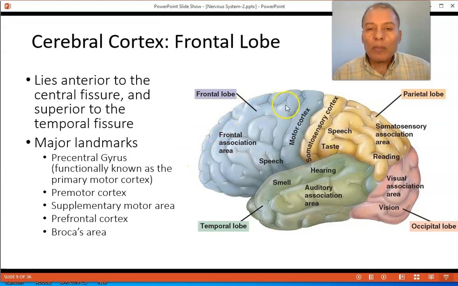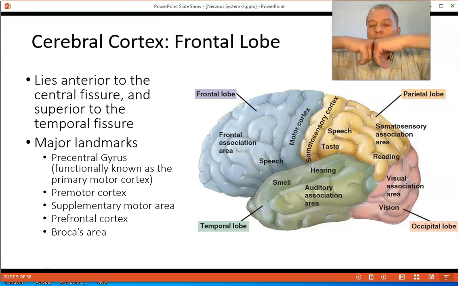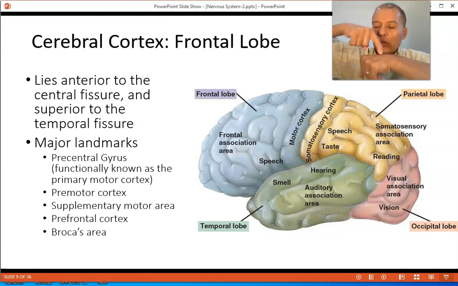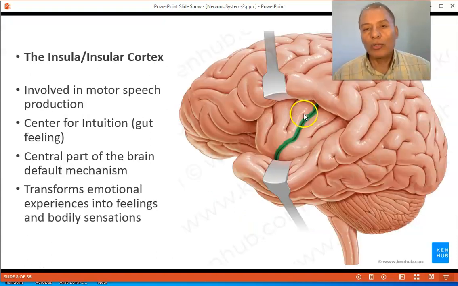Then this segment of the premotor cortex right here, and the motor cortex and the somatosensory cortex, all of them continue inside of the longitudinal fissure. So each area comes down and extends into the fissure, like I'm going to show you.